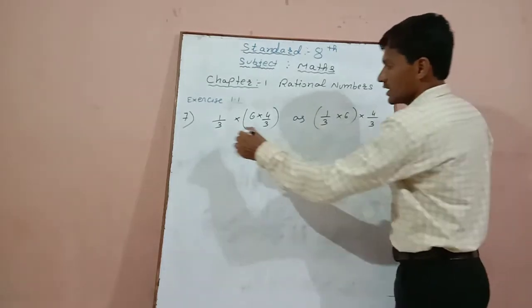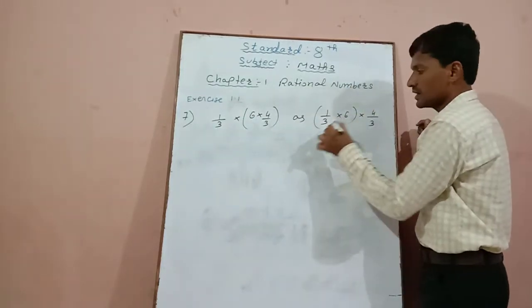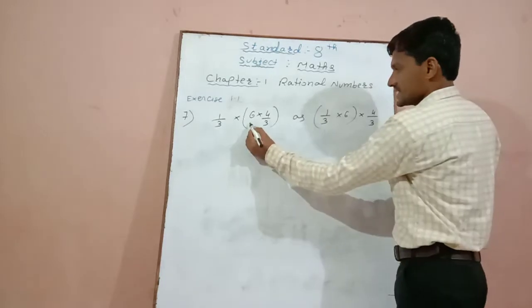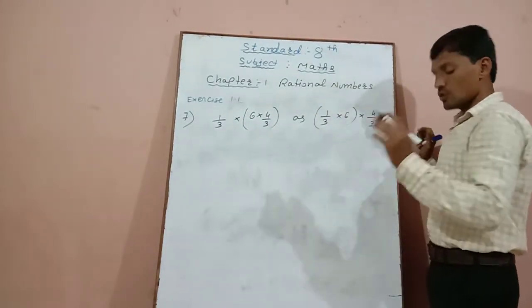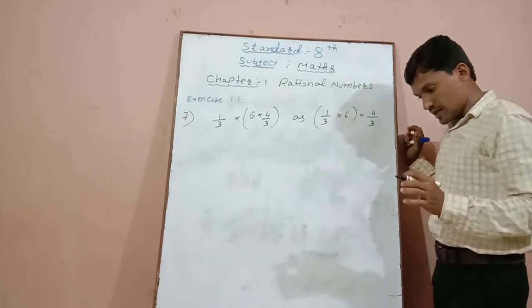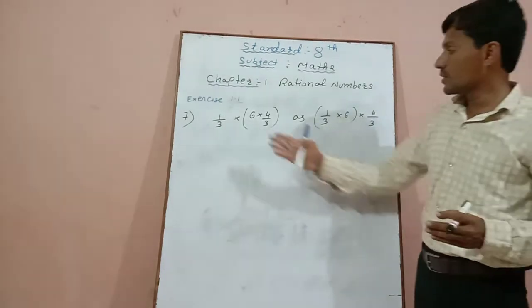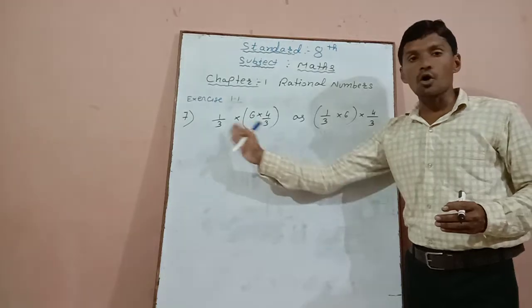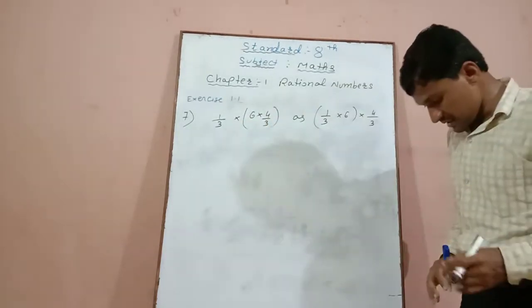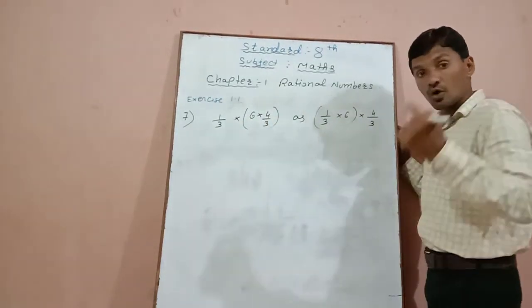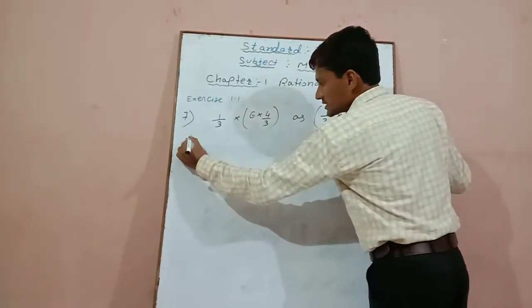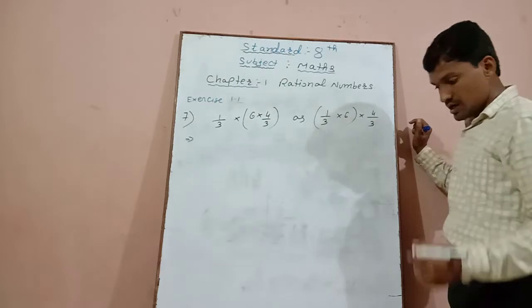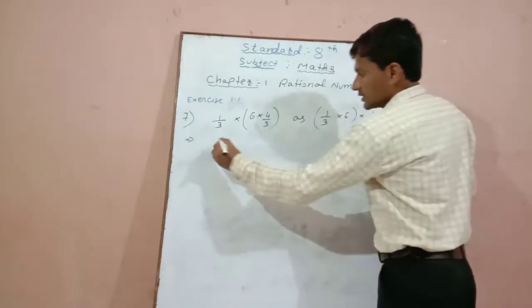See, 1 divided by 3, 6, 4 divided by 3, all are the same. If they are only changing the order, then we can say it is associative or commutative. Both are applicable. So the answer of this is that it is an associative property.